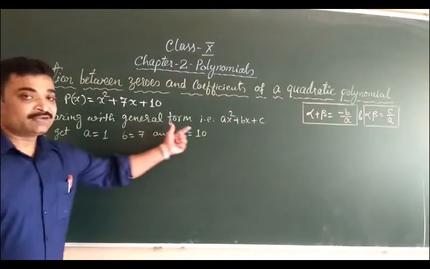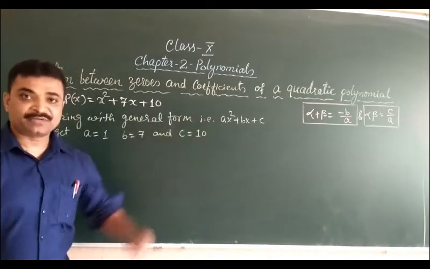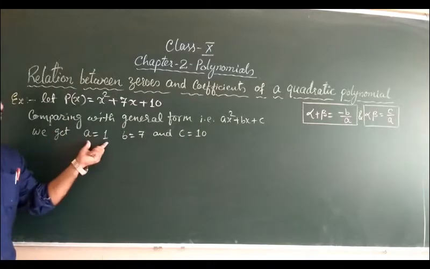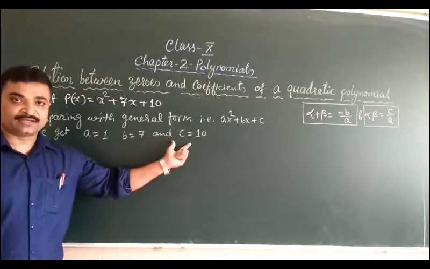Comparing with general form, that is ax square plus bx plus c, we get a is equal to 1, b is equal to 7 and c is equal to 10.